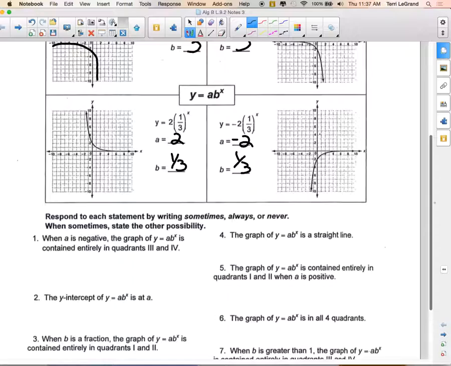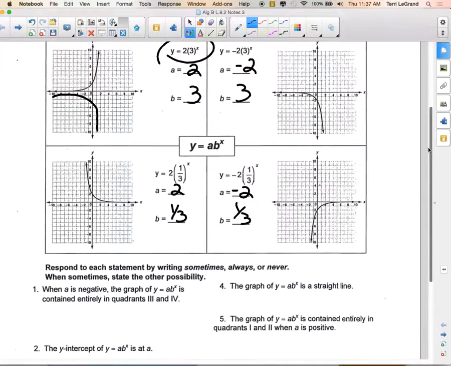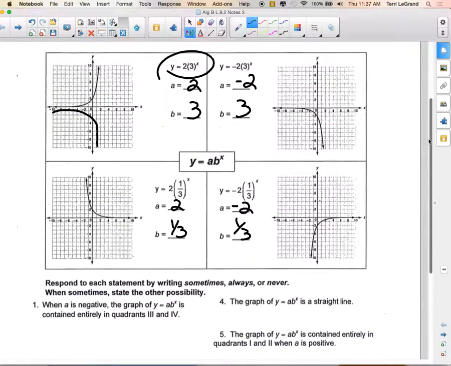Now I need you to do a comparison between those two graphs. What happened this time? Did it flip over the x-axis again? Does it appear that's what it did? Because if it flipped over the x-axis, it should look like this. Is that how it looks? It's more to the right.